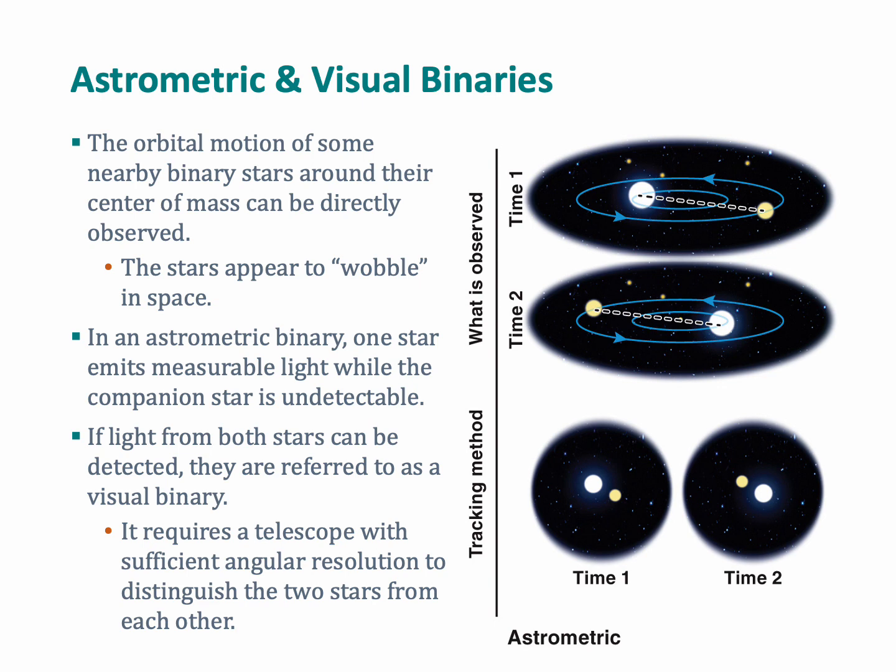If we can see both of the stars, if they're both bright enough to see, then we call that a visual binary. If we can only see one of them and the other one is too dim to see, either too weak or too cold, then we just see a wobble in the orbit of the one that we can see.